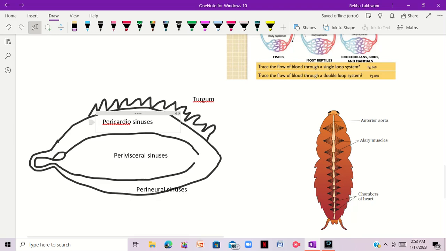So this is the pericardial sinus, this is the perivisceral sinus, and this is the perineural sinus.